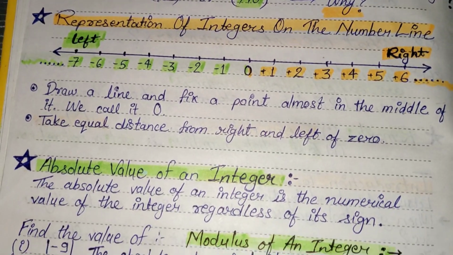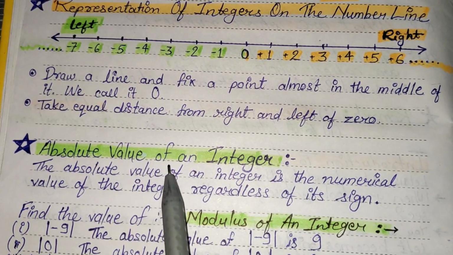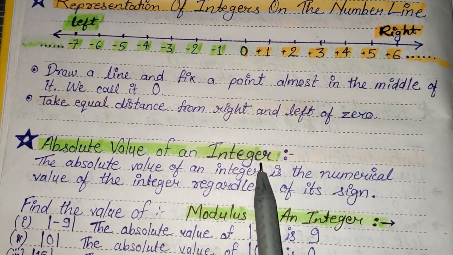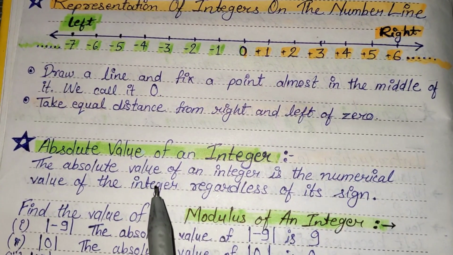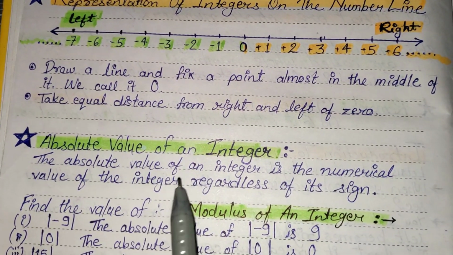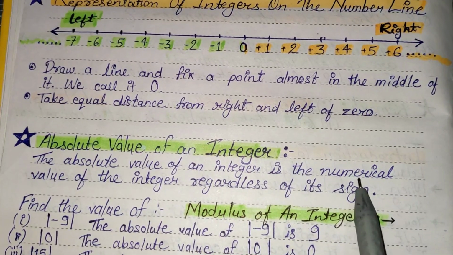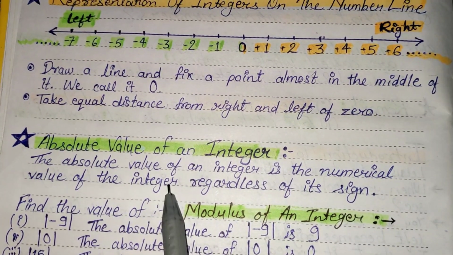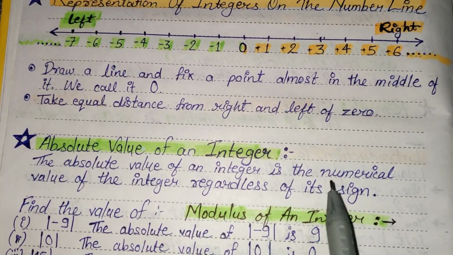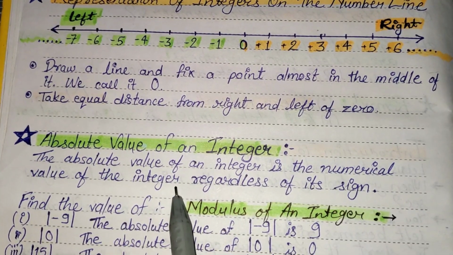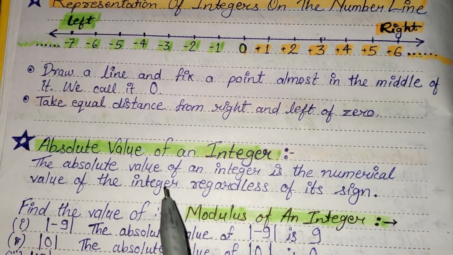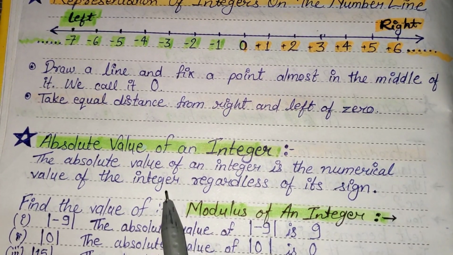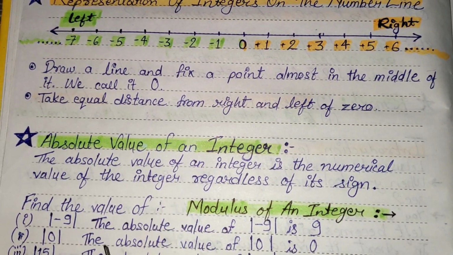Now the next topic is the absolute value of an integer, or we call it the modulus of an integer. So what is the absolute value? The absolute value of an integer is the numerical value of the integer regardless of its sign. It means the result is always positive.